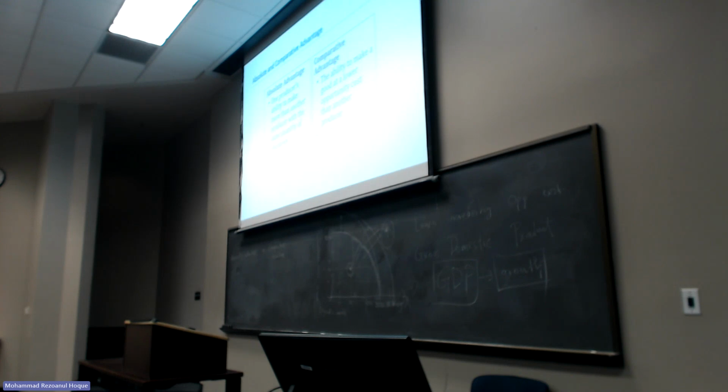So you are good, but the lower one is good. So any other example? We said oil, right? Absolute advantage is Saudi Arabia. In terms of oil, maybe Iran is a relative example.